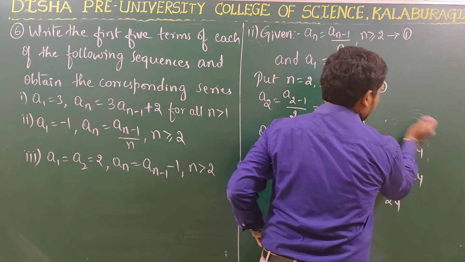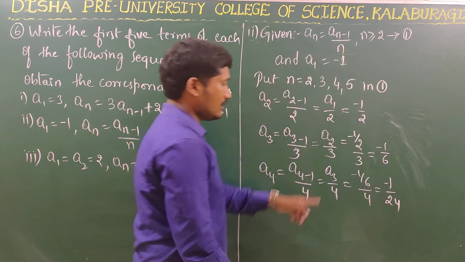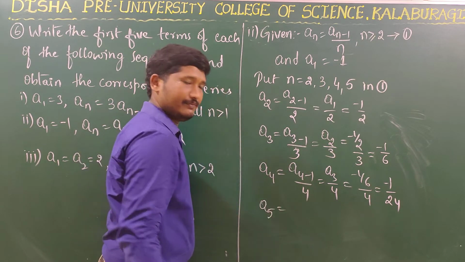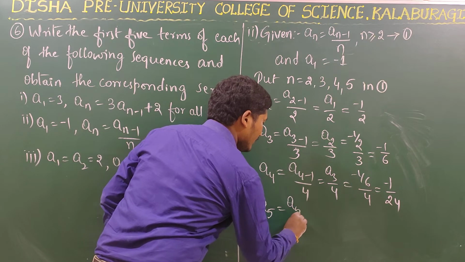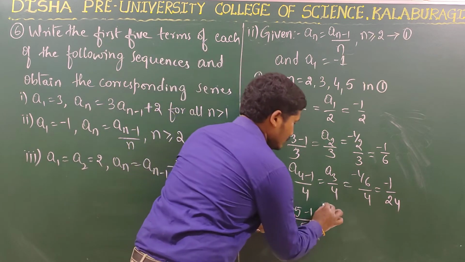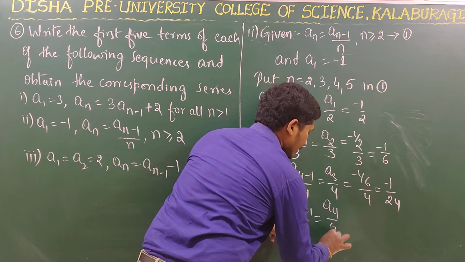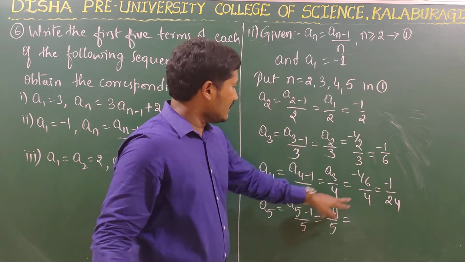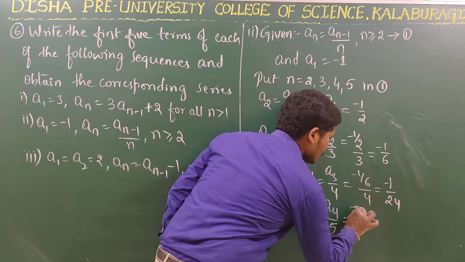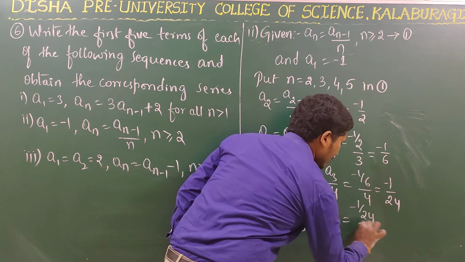Now the last term, that is put n is equal to 5. a5 equals a(5 minus 1) divided by 5, and 5 minus 1 is 4. So a4 divided by 5 is equal to, what is a4 equal to? Minus 1 divided by 24. So minus 1 by 24 divided by 5.